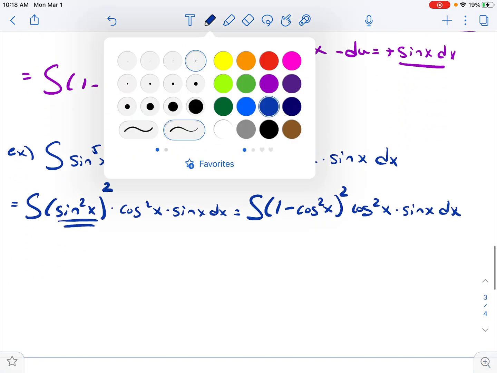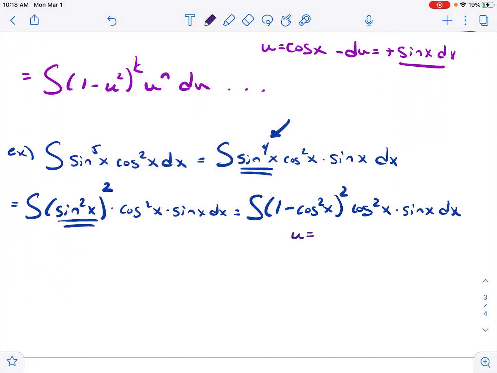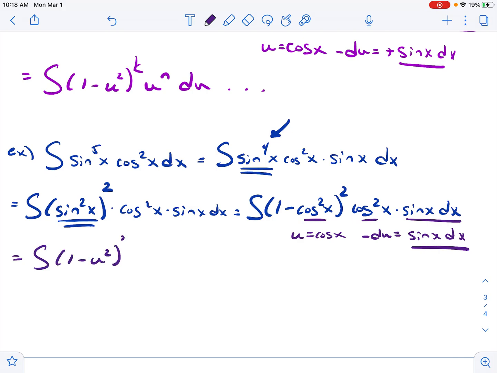Now we let u equal cosine x. Negative du will be sine x dx here to pick that up. All right, and so anywhere I have a cosine, I replace it with u. So we now have 1 minus u squared squared. Here's another u squared, and then sine x dx, negative du. And now we have an integral in terms of u.